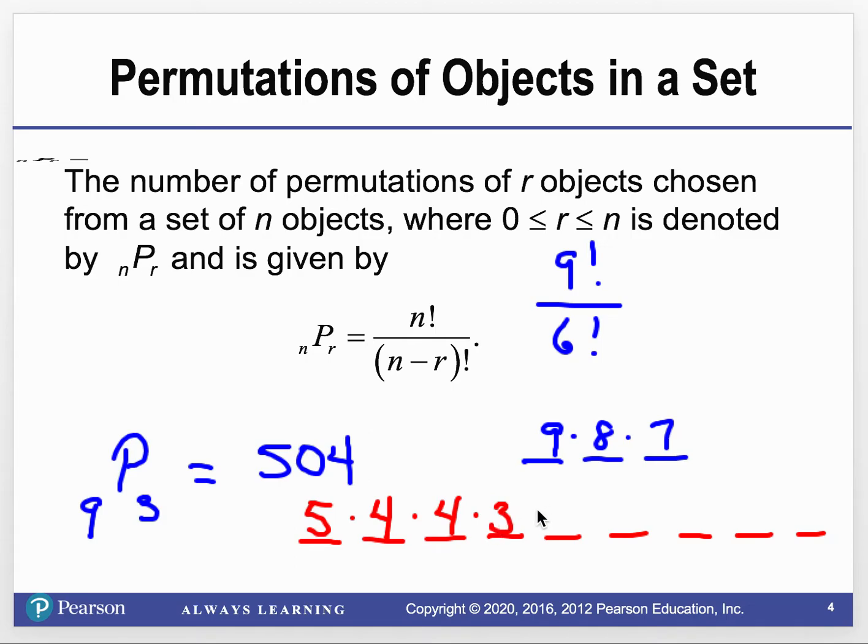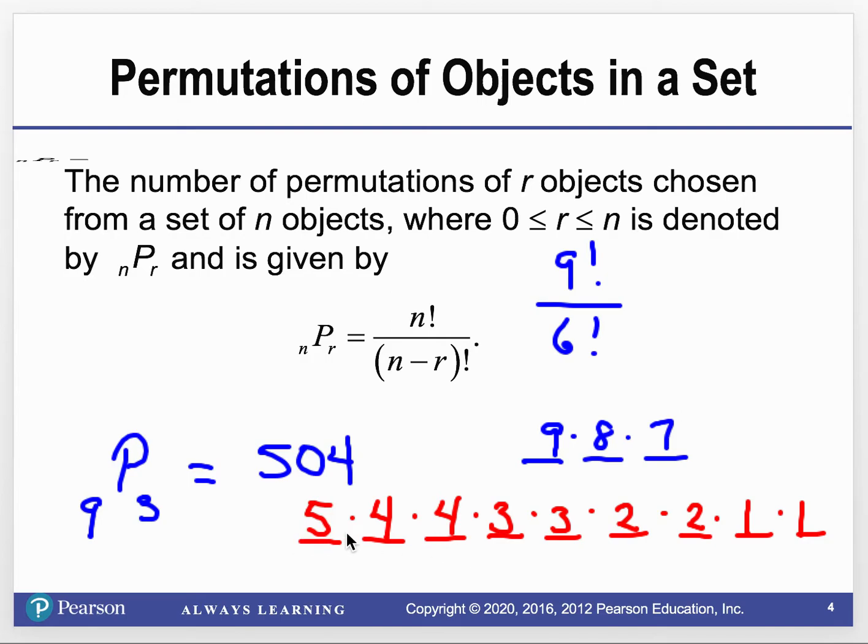Now a man, but there's a man here and a man here, so only 3 men left. Now a woman, and there's only 2 women left. Now there's only 2 men left, and now the last woman and the last man.